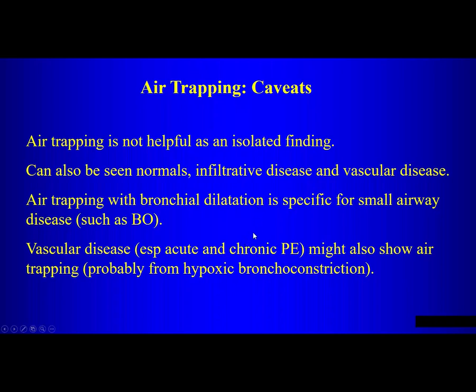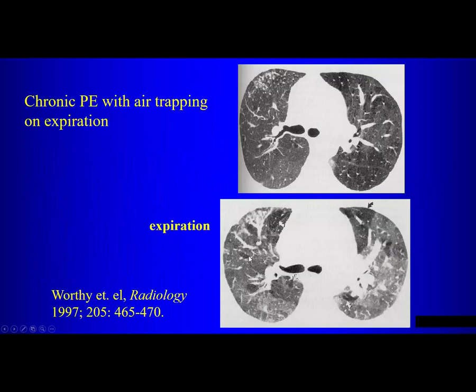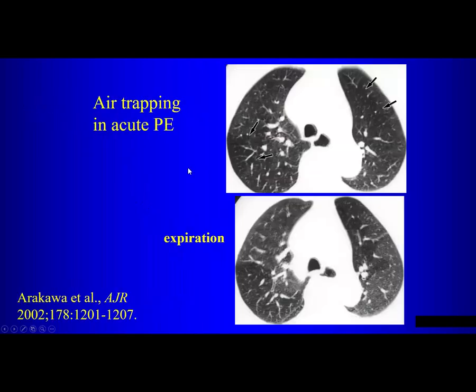Now, that's the blueprint, but in real life, things get a little bit more complicated. So in real life, you have to realize that air trapping does come up quite a bit, and it may actually be normal. So chronic PE can sometimes be associated with air trapping, which goes against what we're usually taught. Here's an example of that. Acute PE sometimes can be associated with air trapping.